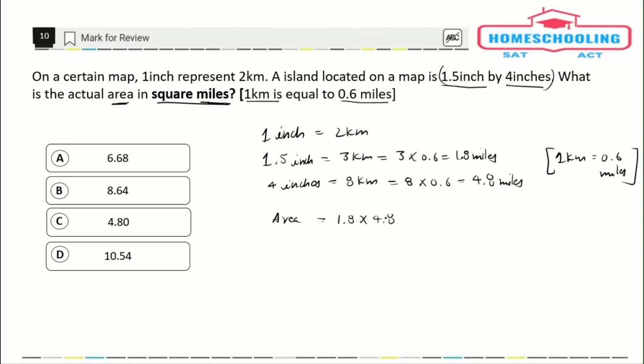That would be 8.64 miles square, because both of them are in miles, and the area would be in miles square. So option B is your correct answer.